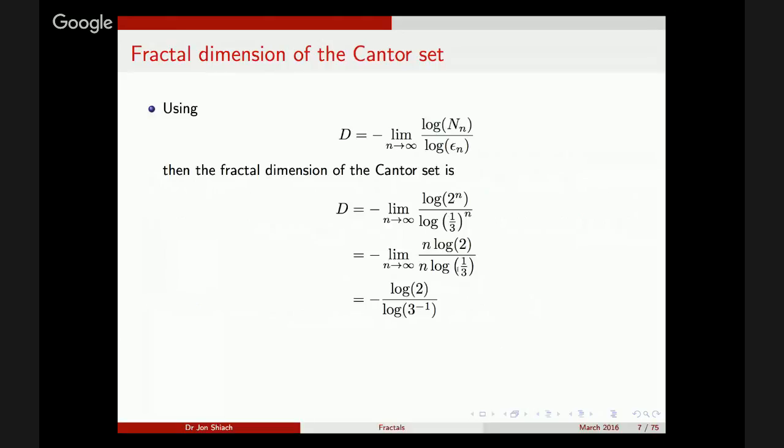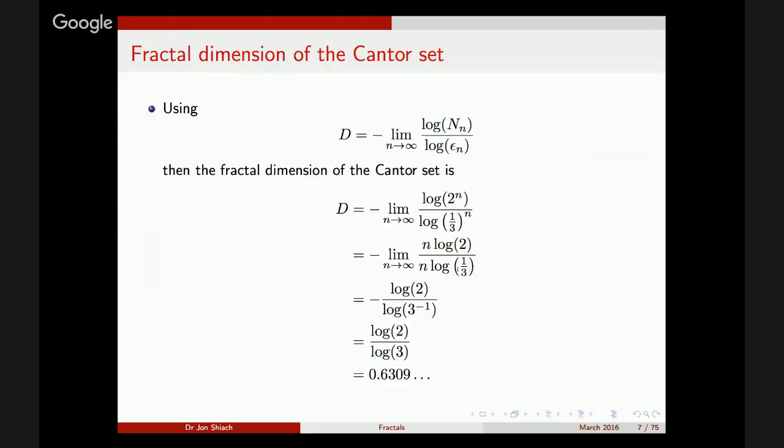Because the n's cancel out, I no longer have an n in my expression. There's no point having a limit because it's not in terms of n, so I can get rid of the limit as well. So it's just log of 2 divided by log of 3 to the power minus 1, which is a third. Which is the same as saying log of 2 over log of 3, which is 0.63.